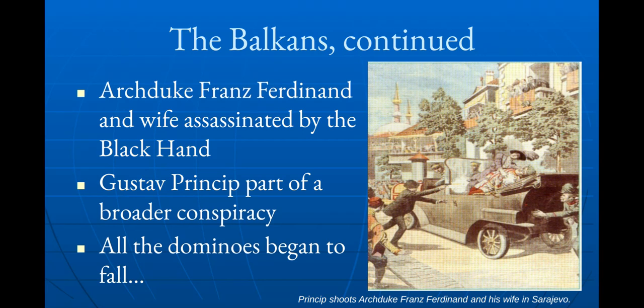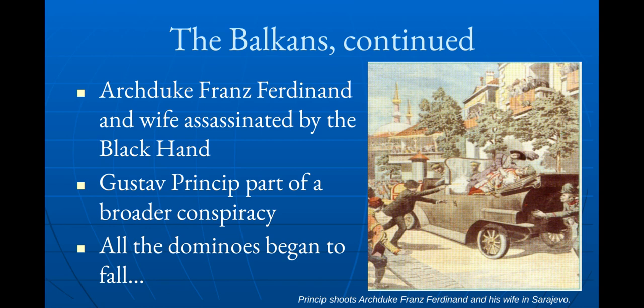And we'll see why. While we often have these events where one event triggers all of these other events, remember that a lot of these powers had been anticipating any event. There was always going to be some event.